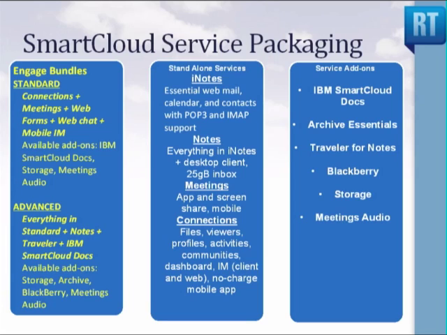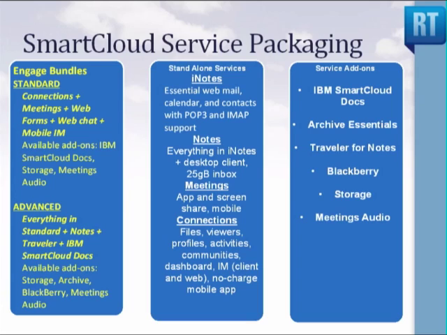Looking at the bundles on the left, there are two: the standard bundle and the advanced bundle. Looking at the details of the standard bundle, if you buy that, you are actually buying IBM Connections, also IBM Meetings, some other stuff, web forms, web chat, that would be instant messaging, and mobile instant messaging, and in essence everything except mail.